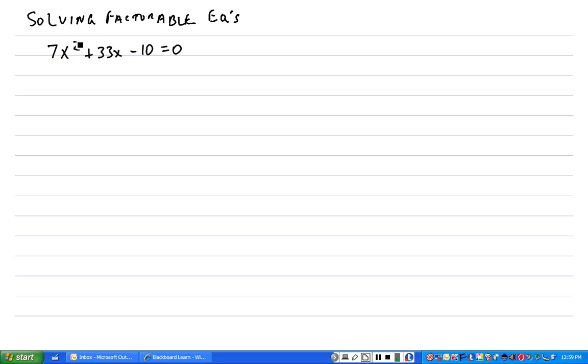This is a quadratic, okay? And the reason being is because the highest degree for this polynomial is 2. So this is a second degree polynomial. In other words, the exponent is squared, and that's the highest exponent. So this trinomial is considered a second degree trinomial, which makes it quadratic.